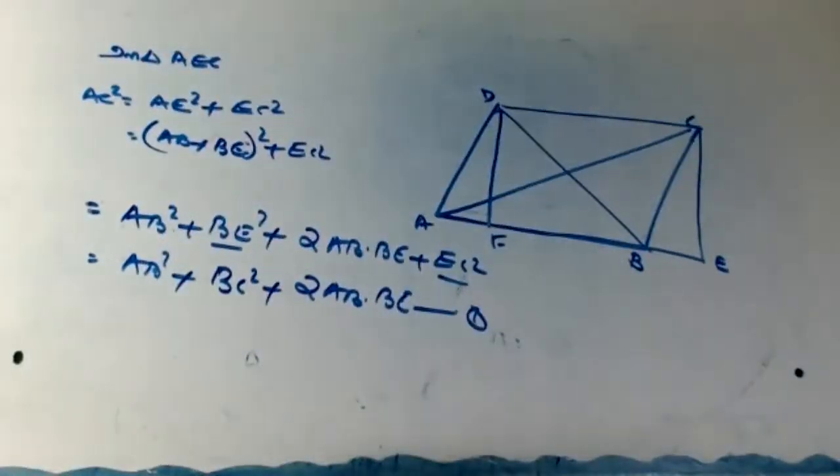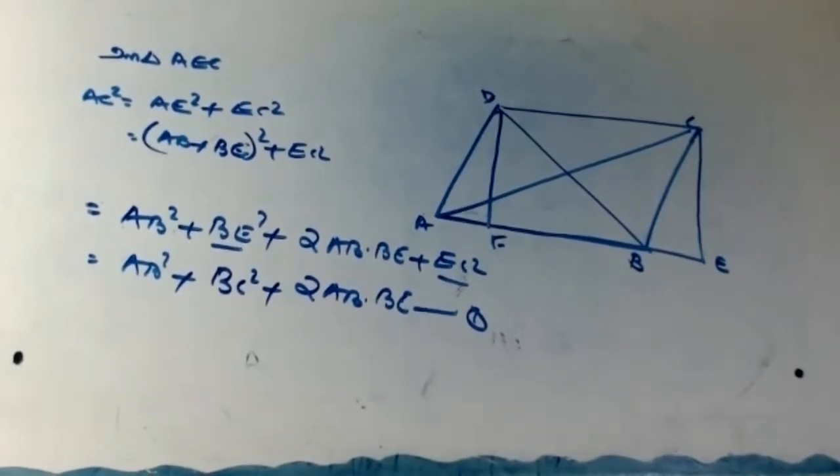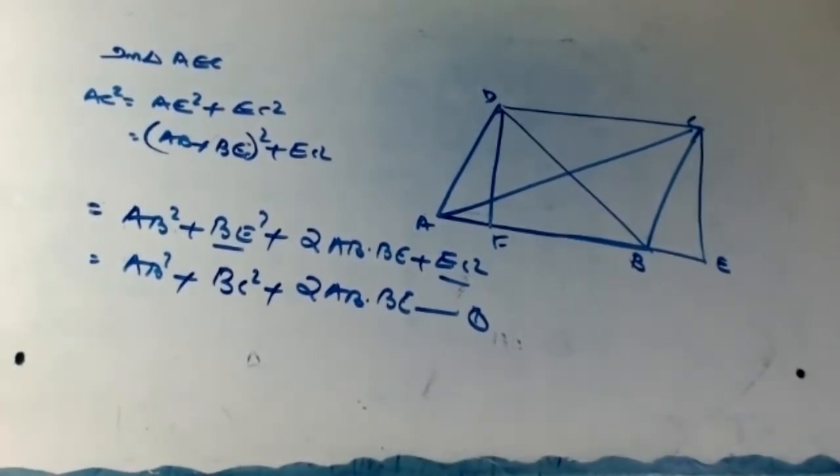Look, right, in triangle AEC, AC square equal to AB square plus BE square, Pythagoras theorem.